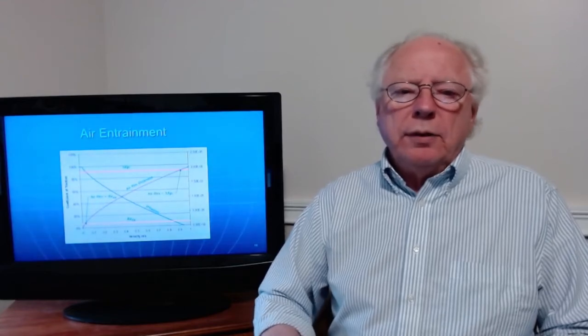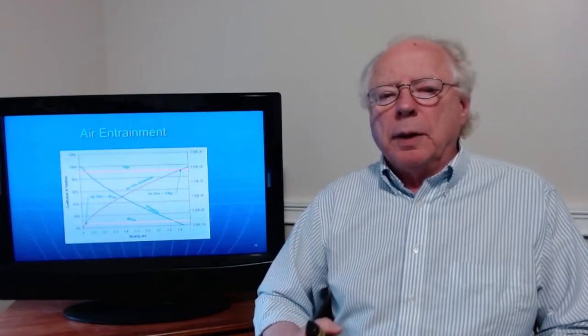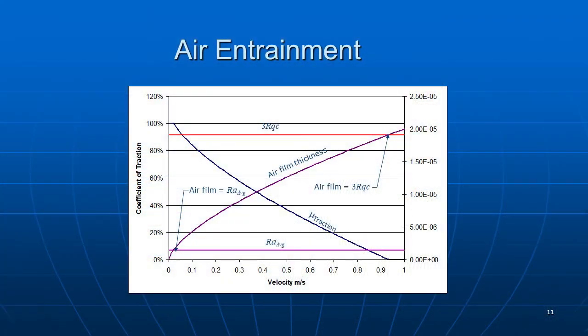Now, if we put these all together, that we've talked about the air film thickness, the two references, what we find is this. When the air film thickness is less than the Ra average value, you have complete static coefficient of friction, or the slow speed coefficient of friction that we measured with our test.